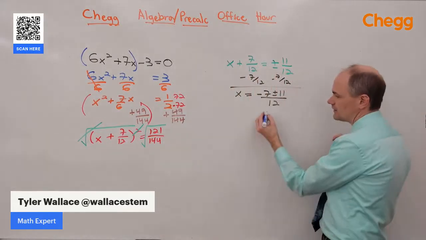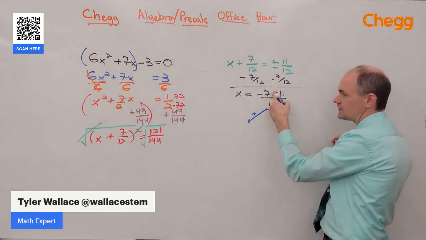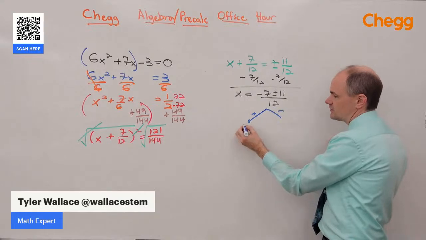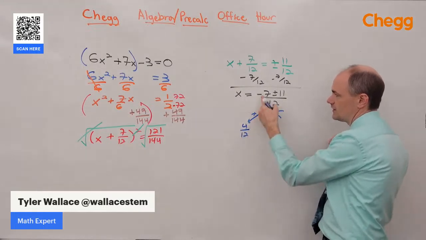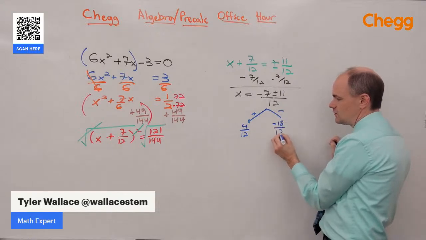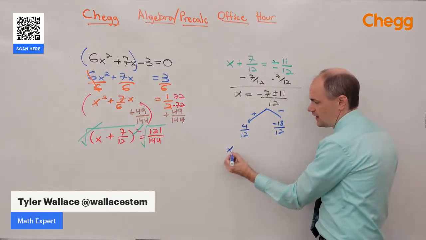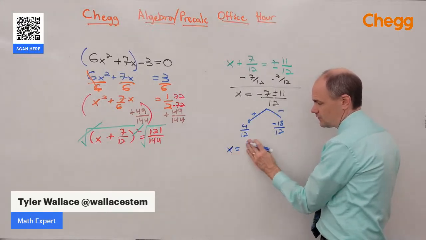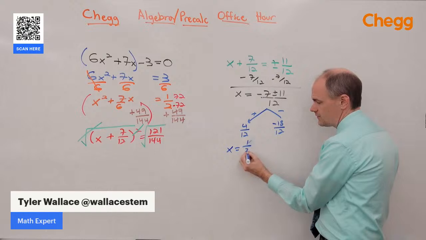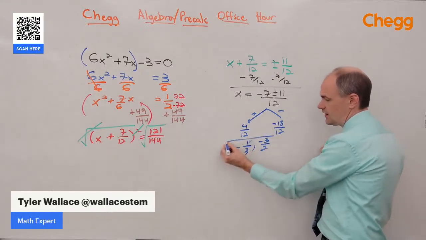And if we want to be really clear about who our two answers are, we can add and subtract. -7 plus 11 is 4/12. -7 minus 11 is -18/12. Let's go ahead and reduce them. And x is equal to 1/3. And dividing by 6, -3/2.